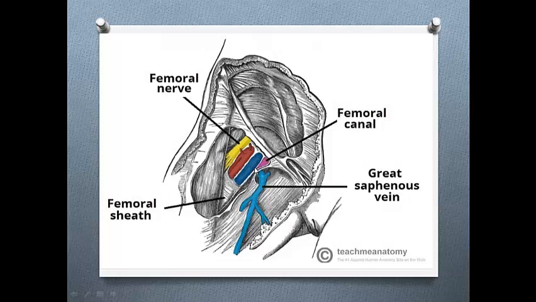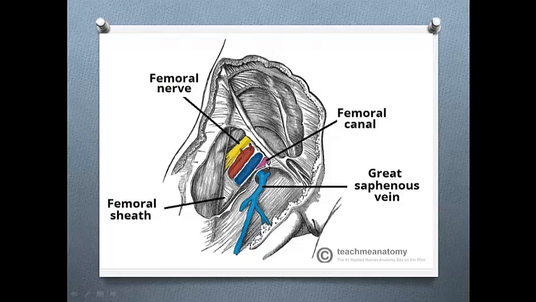And then up here, medial to the femoral vein, you actually have another compartment that is separated by this fibrous septum here and this fibrous septum here. So this space, which is found medial to the femoral vein, is called the femoral canal.